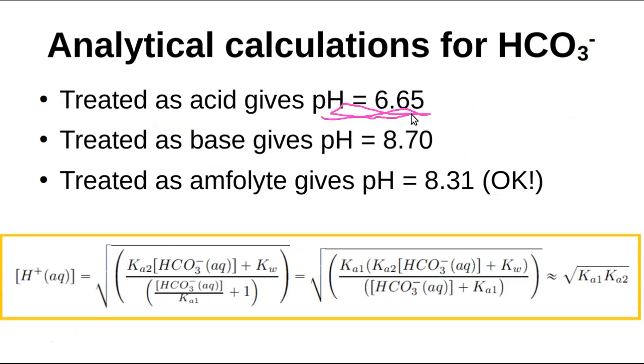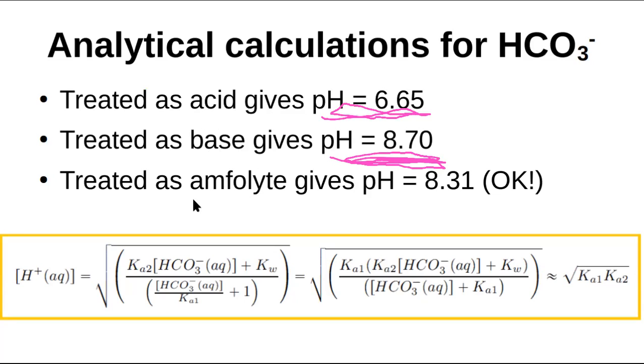And this is not at all equal to 8.35. So you can't treat it only as an acid, because it's not only an acid, it's also a base. Well, let's check it as a base. Then you would find a pH value of 8.7. This is better, but still a little bit wrong.